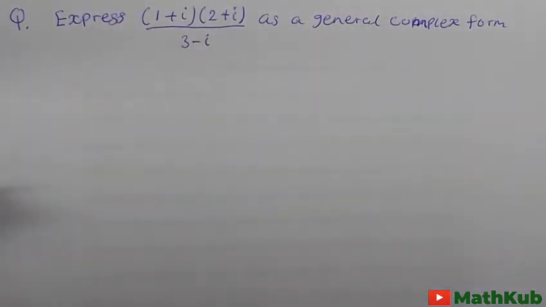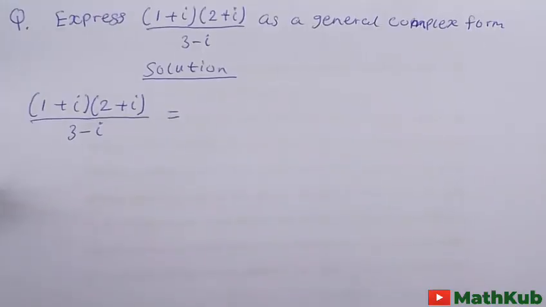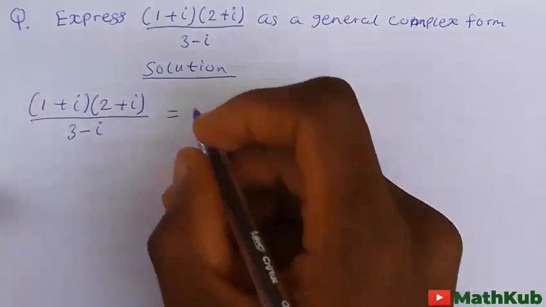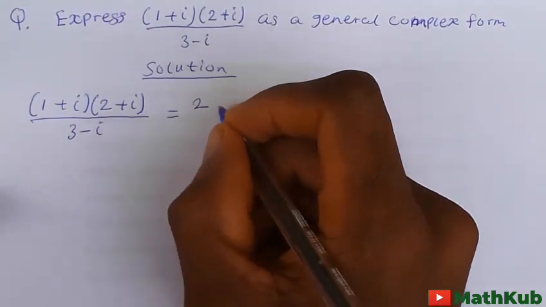Express (1 plus i) times (2 plus i) divided by (3 minus i) as a general complex form. This is equal to multiplying 1 times 2, 2.